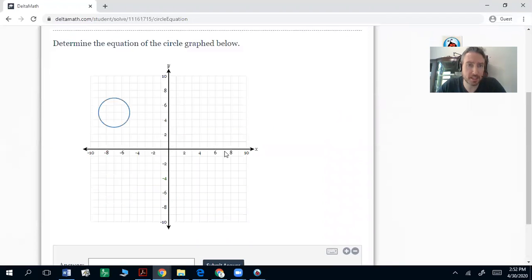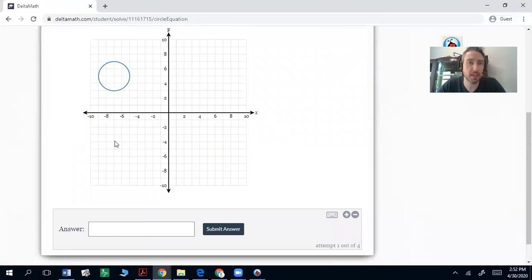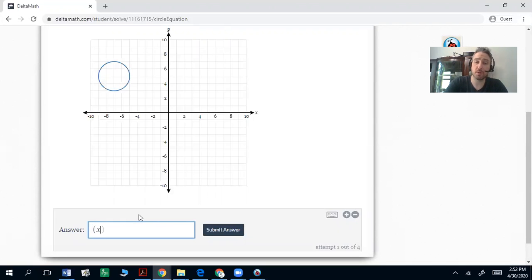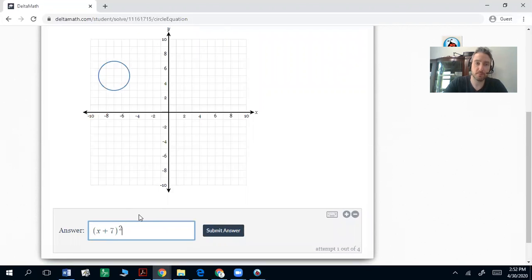Let's see if we can find one that has negatives. Oh, here's one. So in this case, the center would be -7, 5, and the radius is 2. So if the x coordinate's -7, then in the parentheses you do x plus 7, squared, plus y, and the y coordinate is 5, so (y minus 5) squared.